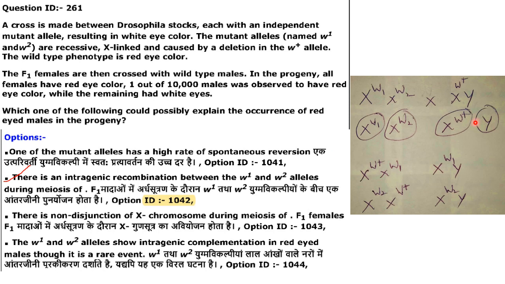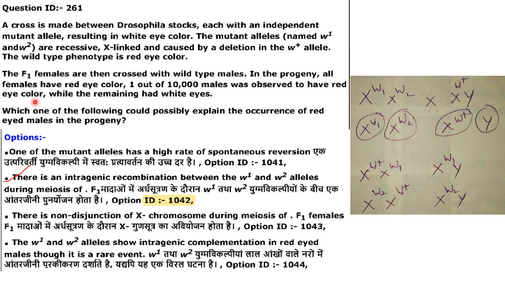Now these are the gametes that are obtained. On crossing you will get XW plus W1, which is a wild type female, then W2 and W plus, so again a wild type female, whereas the males will be mutants. So what did they observe in the progeny? All females have red color. 1 out of 10,000 males was observed to have red eye color.